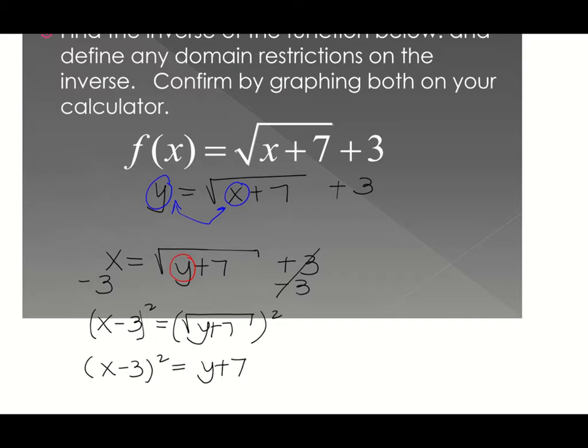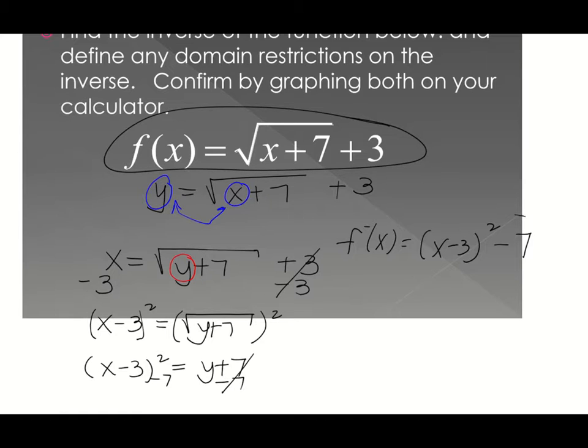So my last and final step to get y by itself is to subtract 7 on both sides. So that means that my inverse is going to be x minus 3 squared minus 7. So I have my function and I have my inverse.